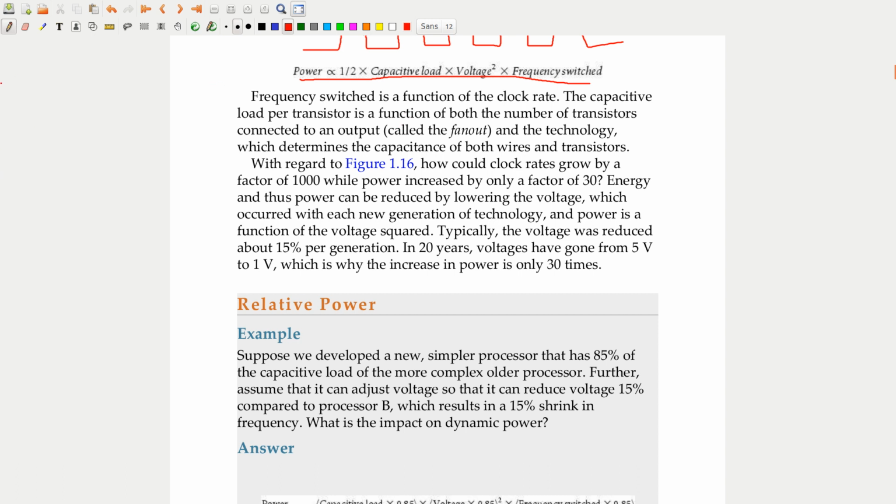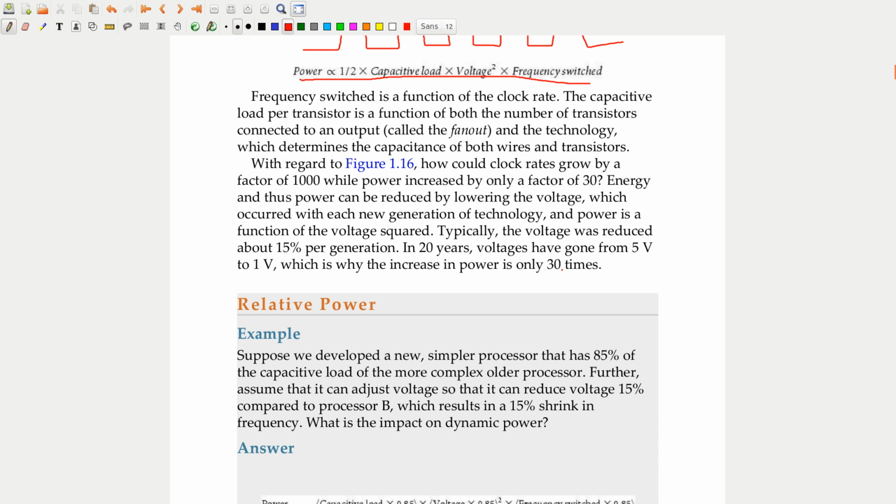Okay, so moving on. Typically the voltage was reduced about 15% per generation in 20 years. Voltages have gone from 5 volts to 1 volt, which is why the increase in power is only 30x. That's where a lot of our power savings come from.